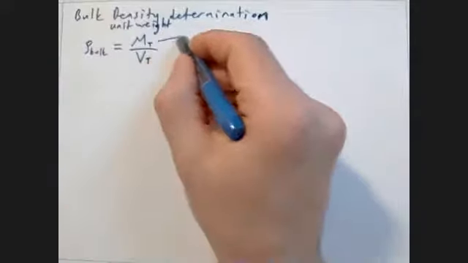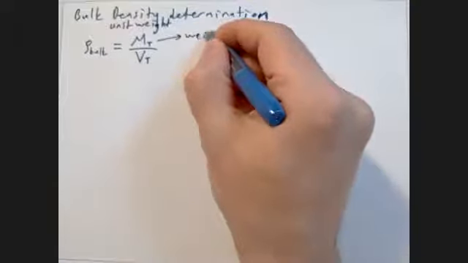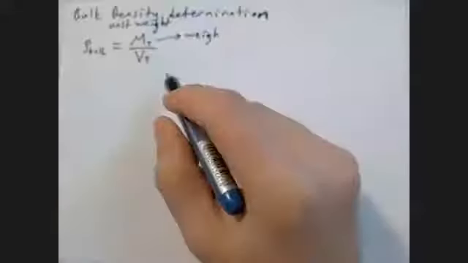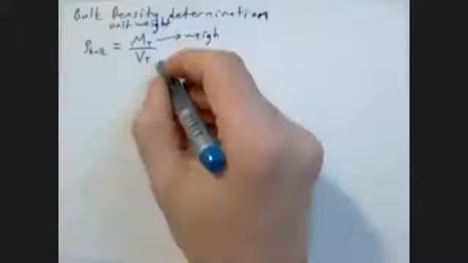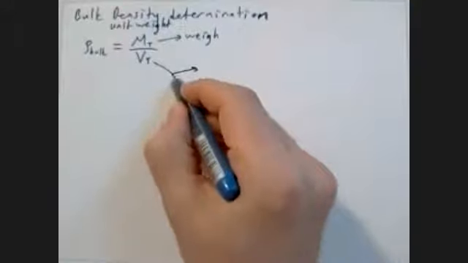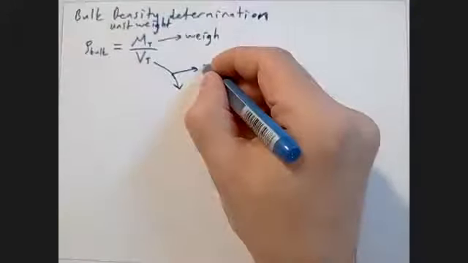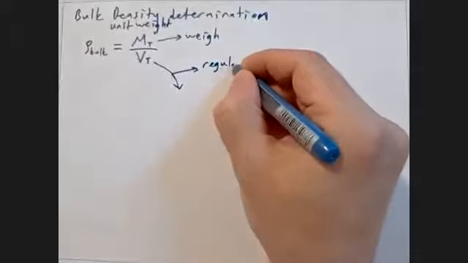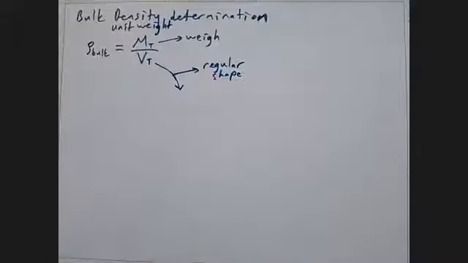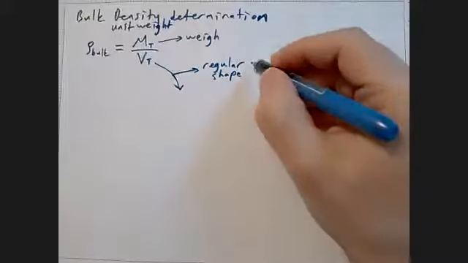And the total mass is very simple. I can just weigh my soil. Now, total volume might not be that straightforward. So here I'm going to separate it into two. If it is a regularly shaped object, such as a cylinder or a cube of soil or rectangular prism, you determine it by geometry.